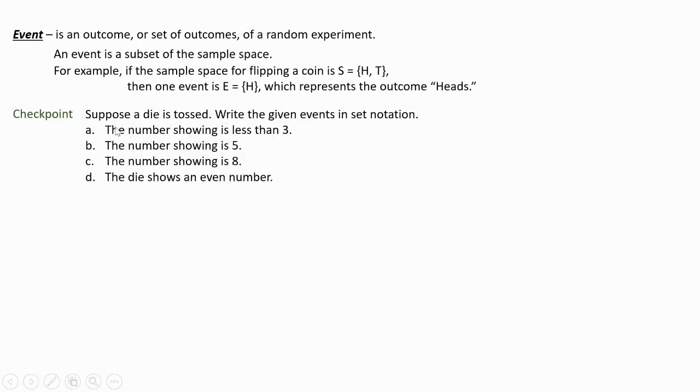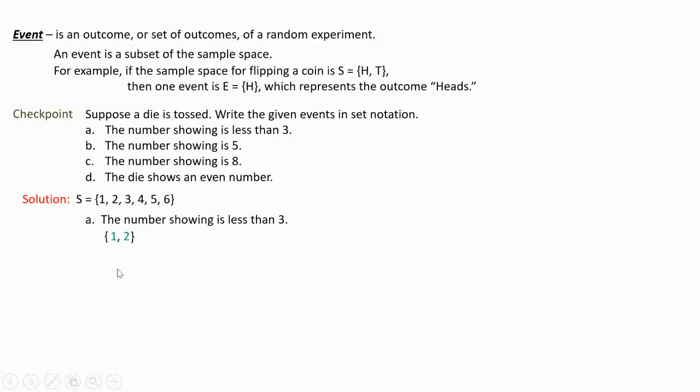Okay, checkpoint. Suppose a die is tossed. Write the given event in set notation. The number showing is less than 3. So this is my set, 1, 2, 3, 4, 5, 6, right? So the event, the number showing is less than 3, will be 1 and 2.